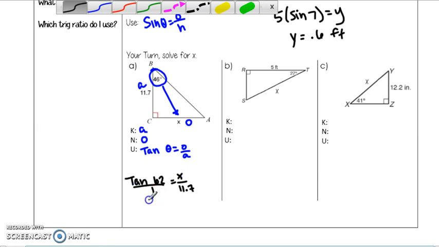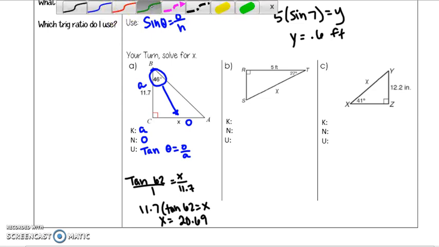So then we're going to cross multiply. 11.7 times tangent 62 equals x. And so x is going to equal 20.69. We round to the nearest hundredth there.